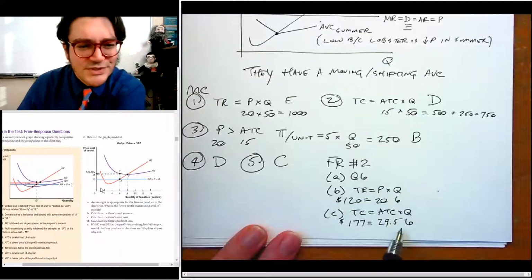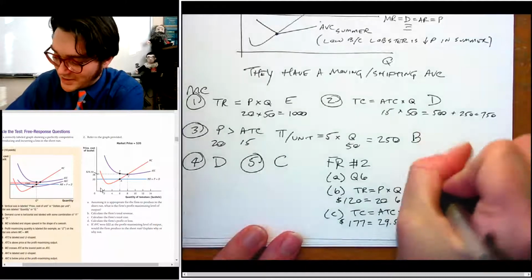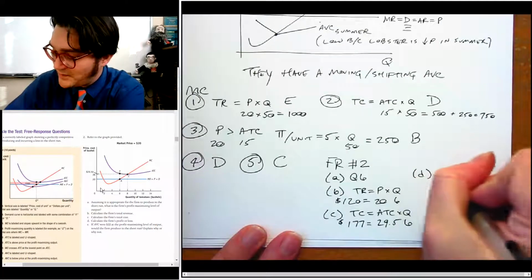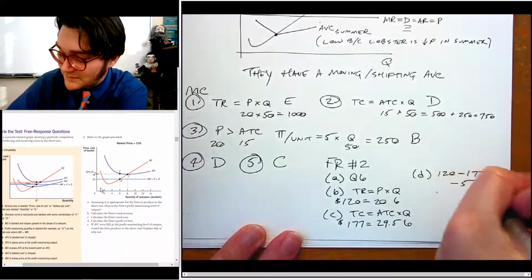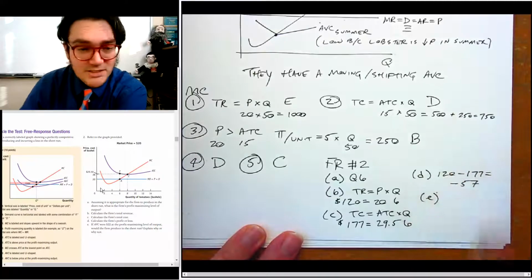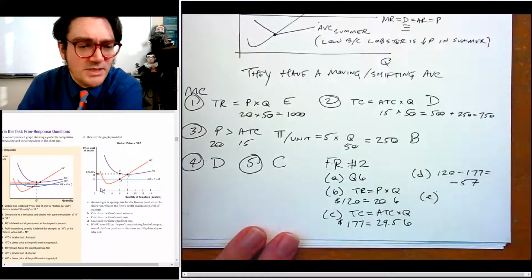That looks about right. D, firm's profit or loss. 120 minus 177 equals negative $57. E, so they're losing 57. And we know they're losing money because the ATC is above the price.